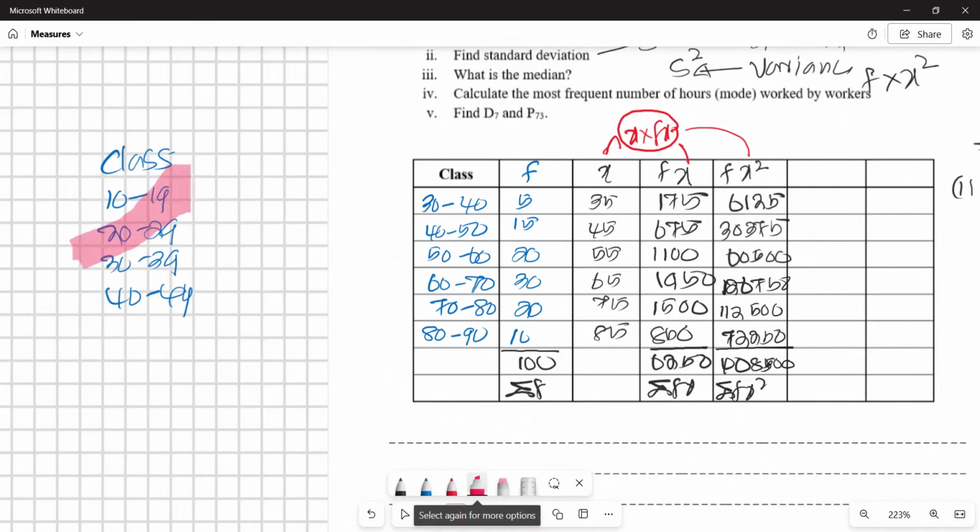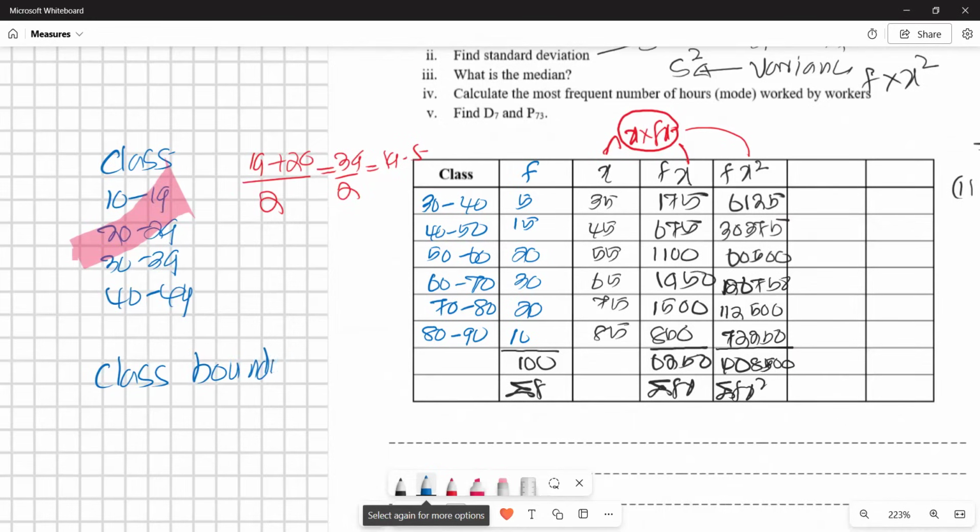Get the average of these two. 19 plus 20 divided by 2, this is 39 by 2, that is 19.5.